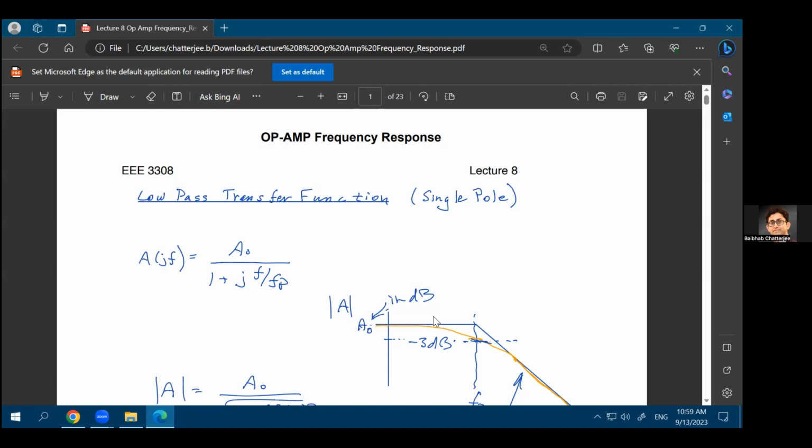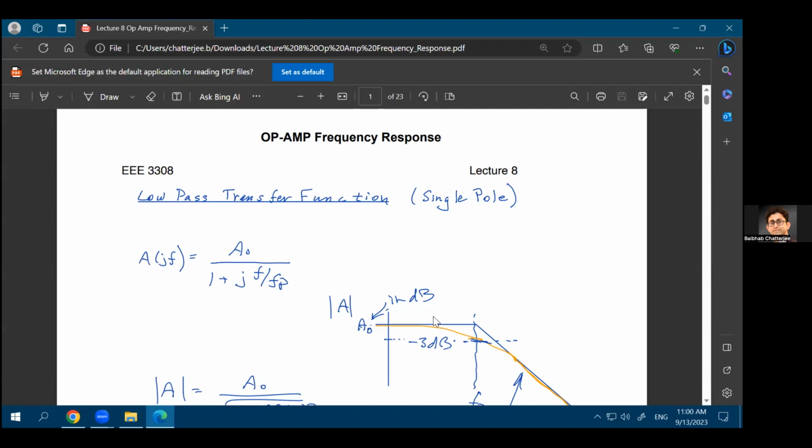What is a reduction of a factor of 10 in dB scale? Your voltage becomes roughly 1 upon 10 times as you increase the frequency by 10 times. So your transfer function becomes 1 upon 10, correct? What is 1 upon 10 in dB scale?